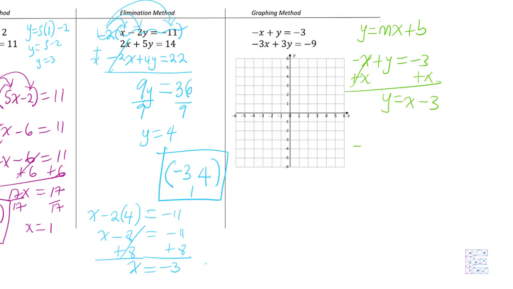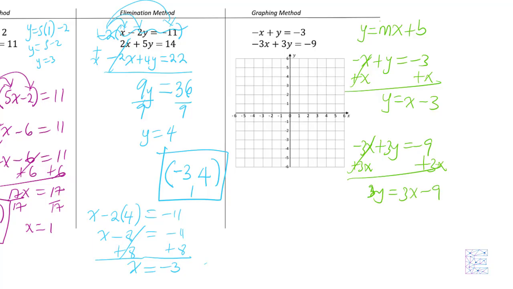We have negative 3x plus 3y equals negative 9. And we want to get this y by itself. It's going to take several steps. First thing is to get rid of this by adding 3x. If you add it there, you have to add it to the right side as well. Those cancel, and we have 3y equals 3x minus 9.